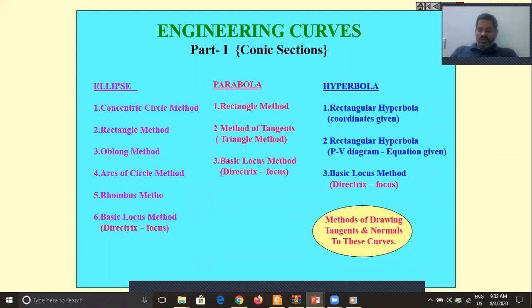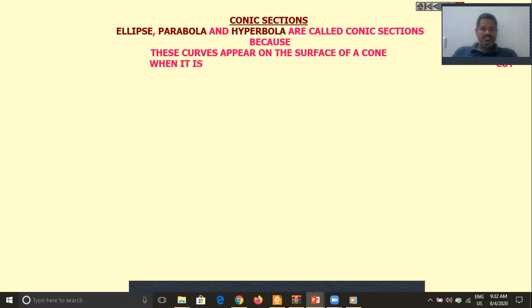Now let me move further to see what exactly the conic section is. As I said just now, we will get 3 types of conic sections: ellipse, parabola, and hyperbola. These conic sections are formed when we cut a cone.